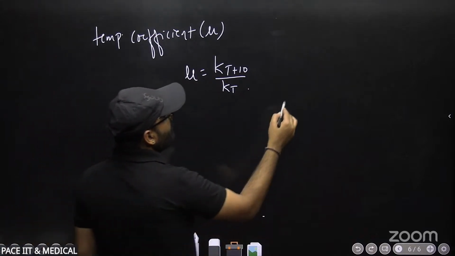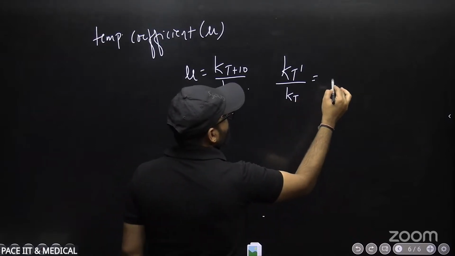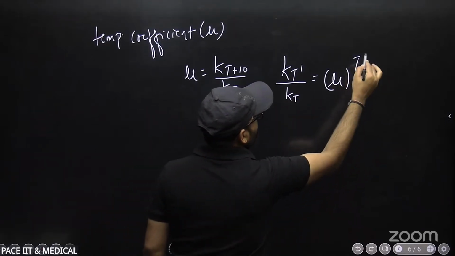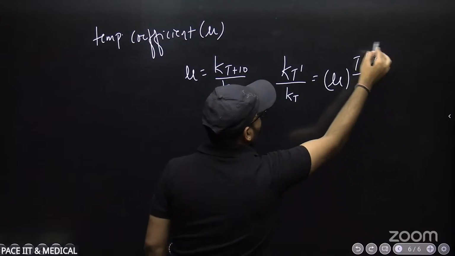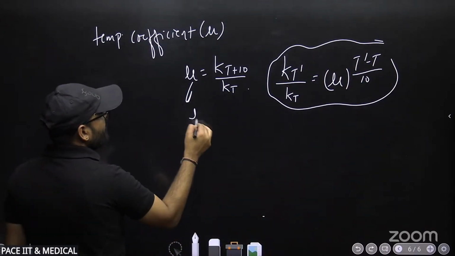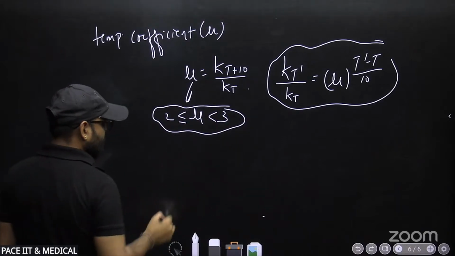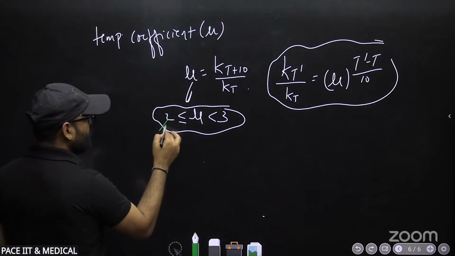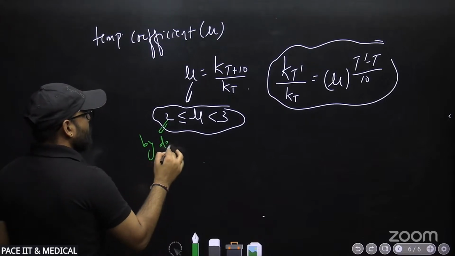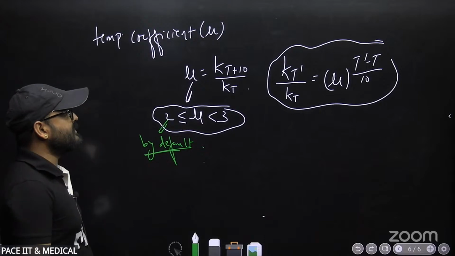And if you have to find kt dash upon kt, that equals mu raised to the power (t dash minus t) upon 10. You can use this formula directly. This mu is generally between 2 and 3. If nothing is mentioned, then you can take mu as 2 by default.